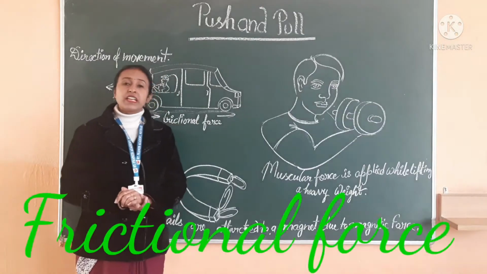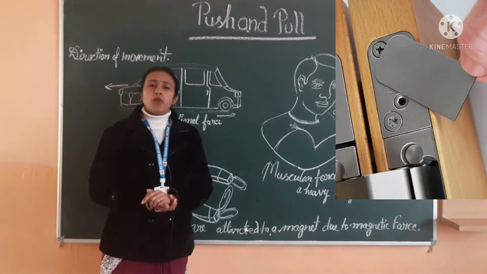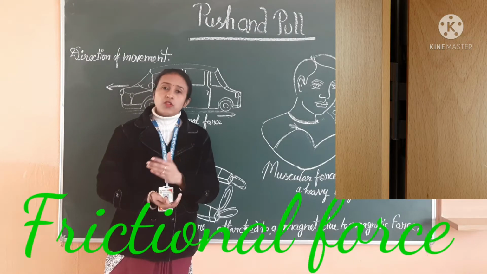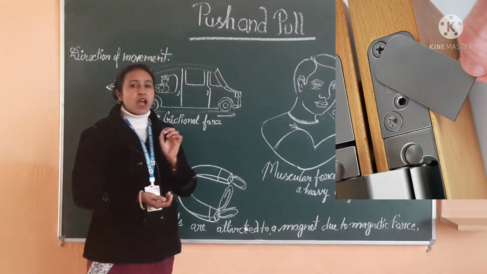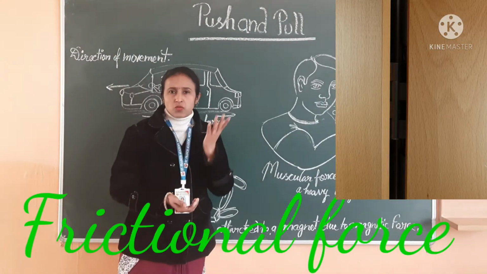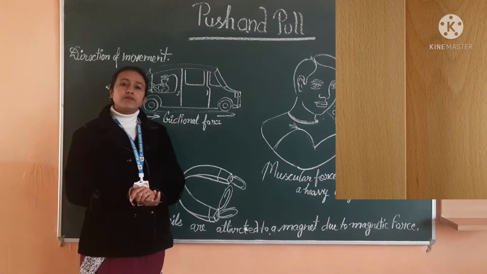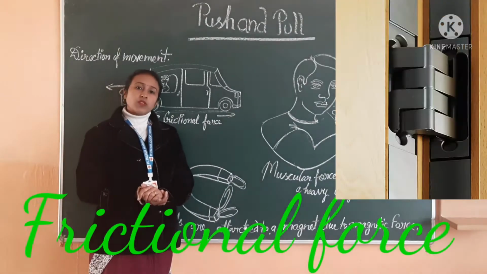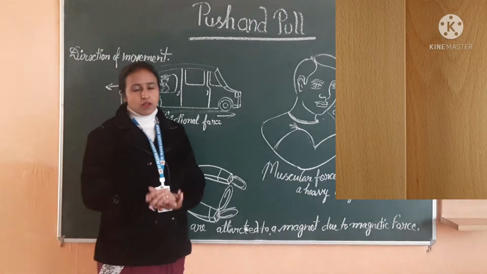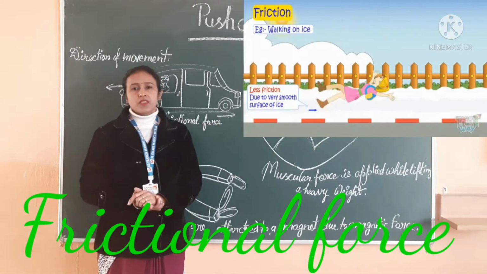Lubricants are used in various ways. In the hinges of old doors that create a clicking sound, we apply some oil. Why? Because it reduces the friction and stops the clicking sound, so the door moves smoothly.